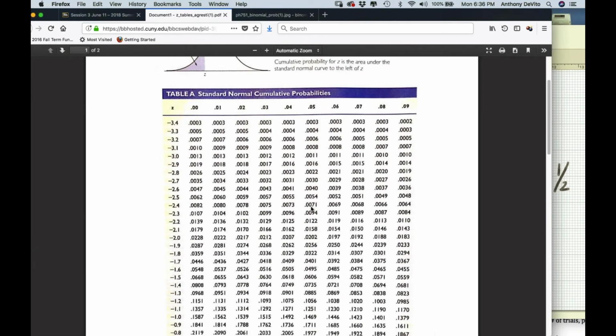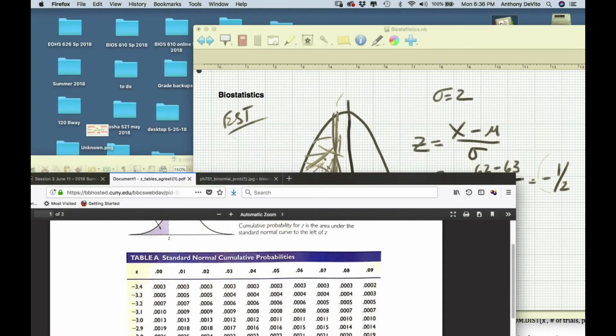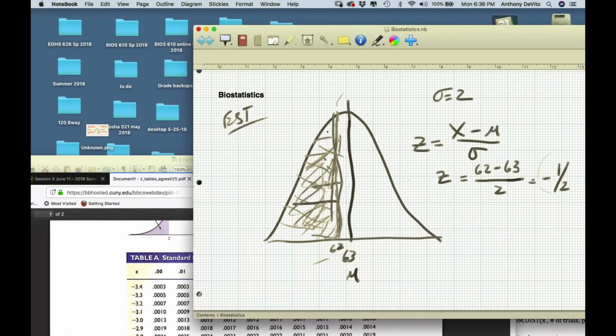Actually, you don't have to worry about that, because technically, when you look at this normal distribution, right, 62 is a vertical line. A line has no area, right? So in other words, the idea of 62 or less than 62 is really the same thing, because the line itself doesn't take up any space in this distribution, right?